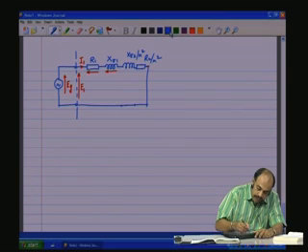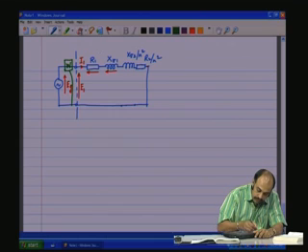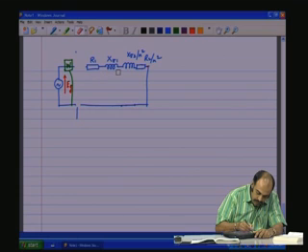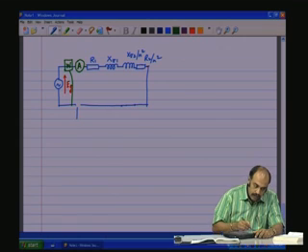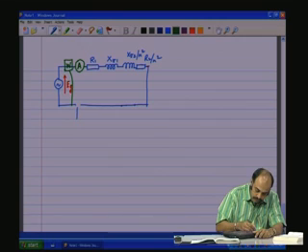So, you continue to keep the wattmeter here. We continue to keep an ammeter here, that is, we need an ammeter there, and then we measure the voltage across the primary through a voltmeter.